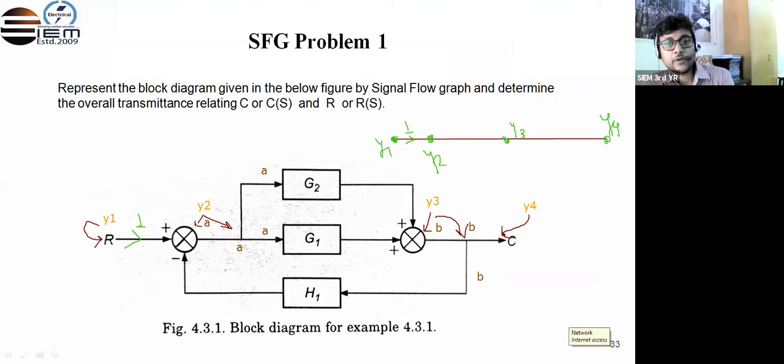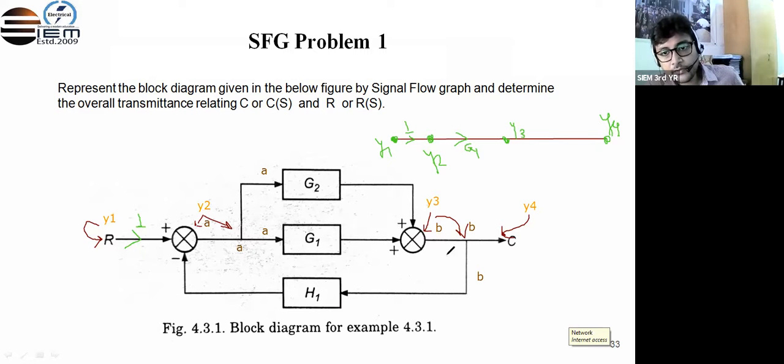Then Y2 to Y3. How many possible forward paths are there? There are two forward paths. Forward paths are paths traversed from one point to another in the same direction without repeating any intermediate node. So from Y2 to Y3 there is a particular value called G1, one forward path transfer function.